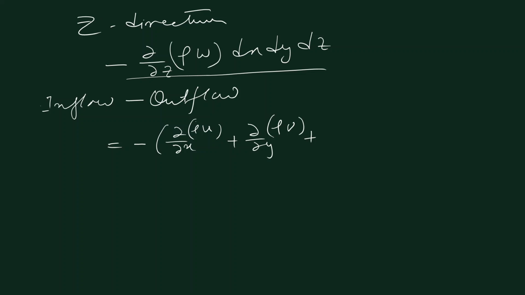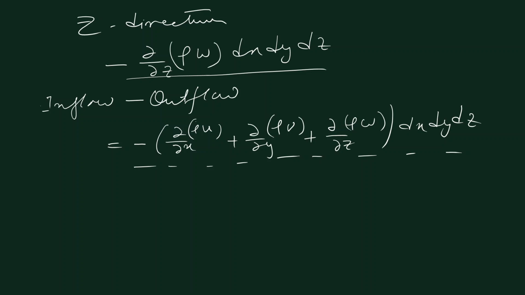Now, according to the law of conservation of mass, the net difference between inflow and outflow must be equal to the rate of change of mass inside the parallelepiped or inside the elementary control volume.